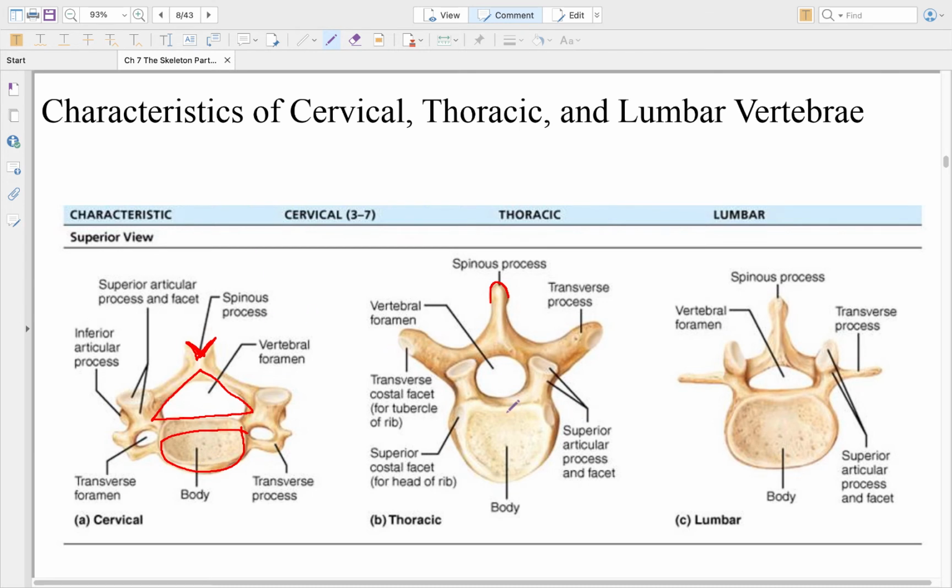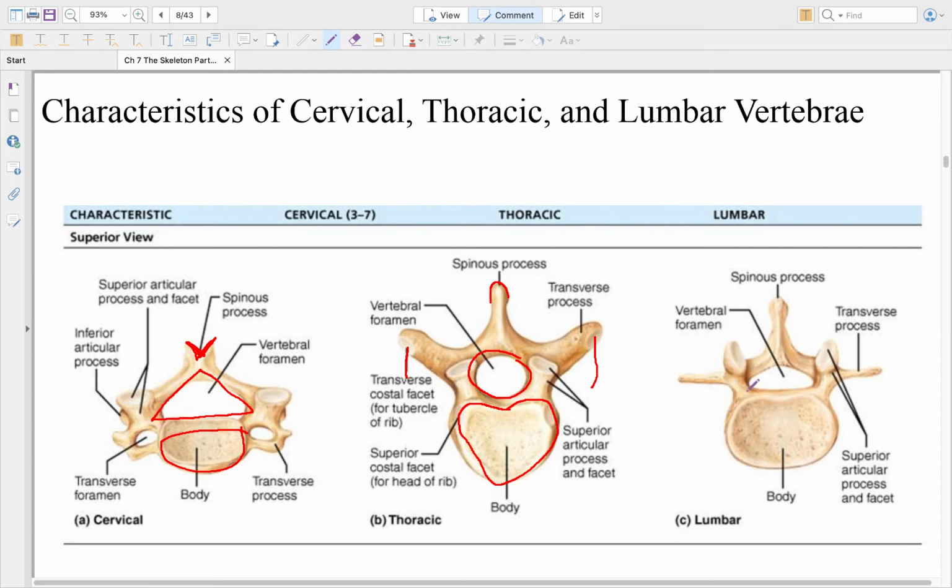The thoracic, we know that this is the thoracic because the body is thick and it's shaped like a heart. The vertebral foramen is a perfect circle, and it has the spinous process and the transverse process. These are facets where the ribs connect on both sides.